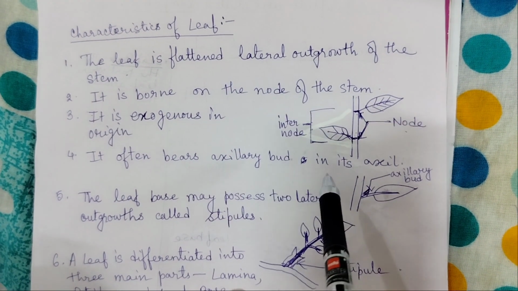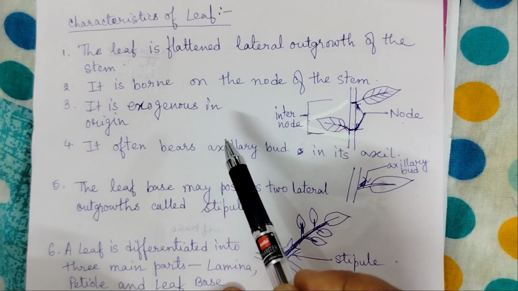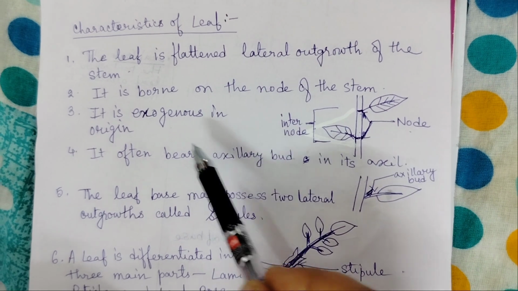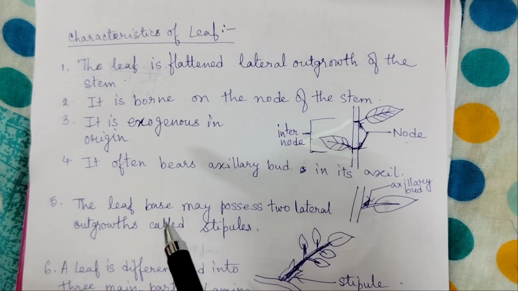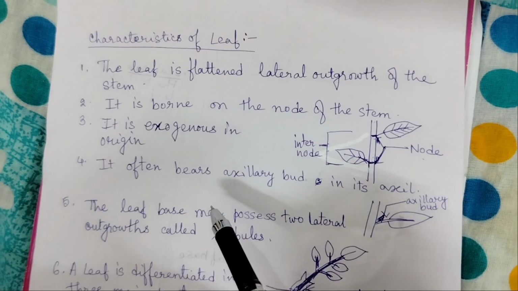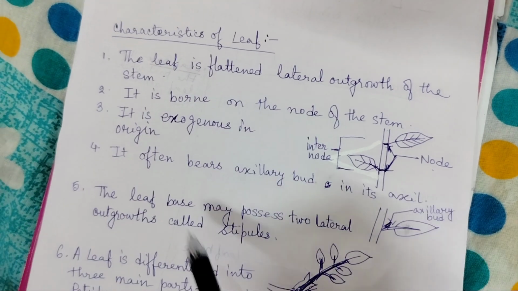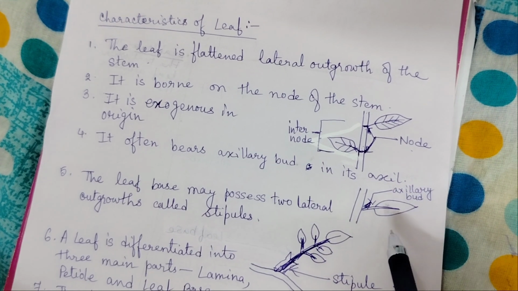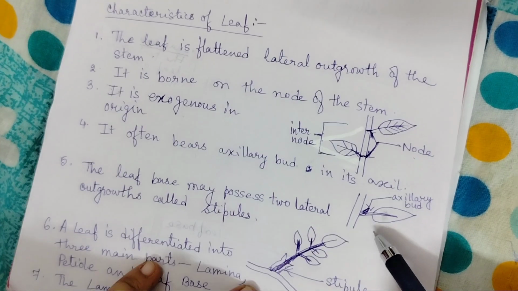Next, it is exogenous in origin. Exogenous means origin is external. It often bears an axillary bud in its axil. So what is axillary bud?